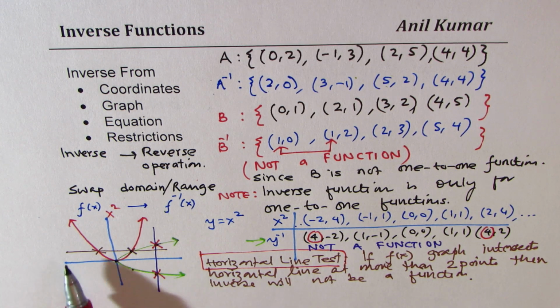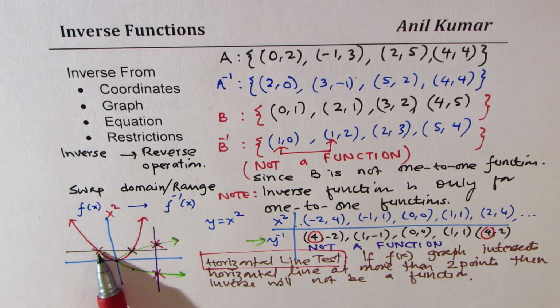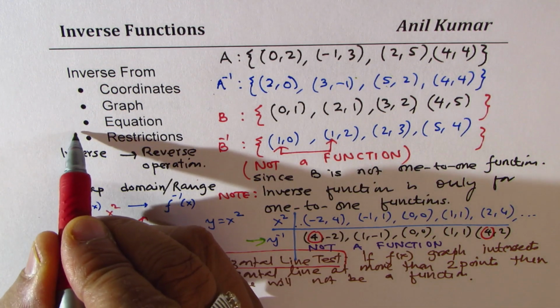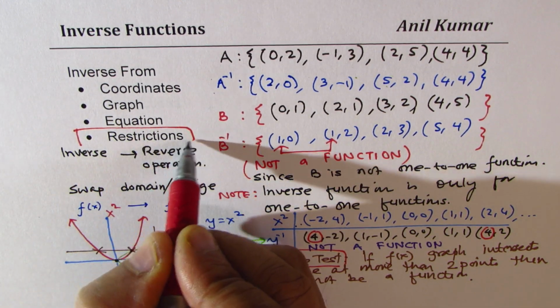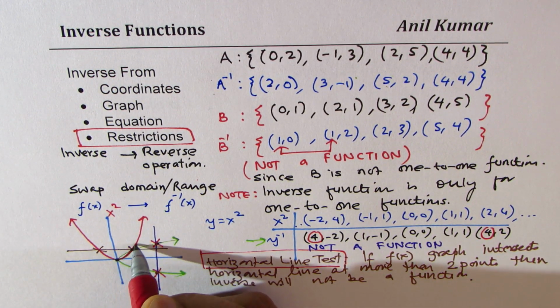So you could draw a horizontal line. If it intersects the graph of the function at more than 1 point, then you cannot have inverse as a function. But at times what we can do is we can actually have some restrictions on the domain of the function, so that we could only consider one side of this parabola.